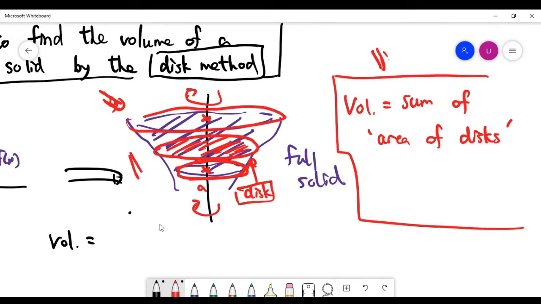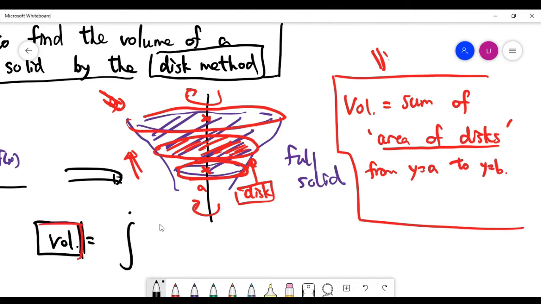So you have to go through all the disks from the lowest point to the upper point, which means that it's actually an integration along the y-axis because the area of disk now is from y equals A to y equals B, right? And it means when you write the volume formula down here, we expect that you have to do the y-axis integration from A to B.